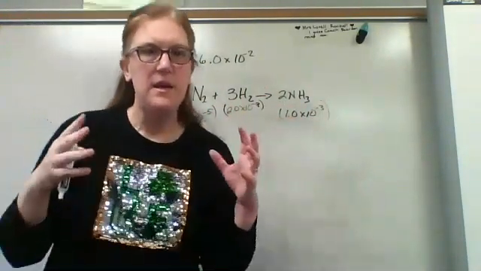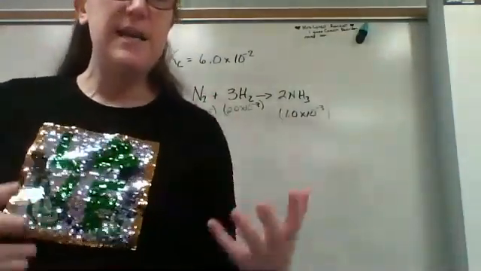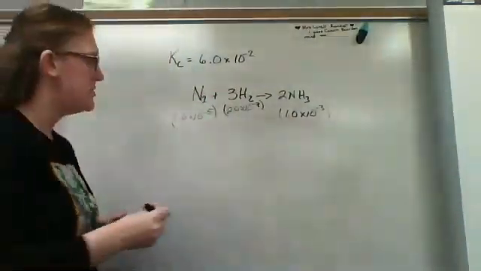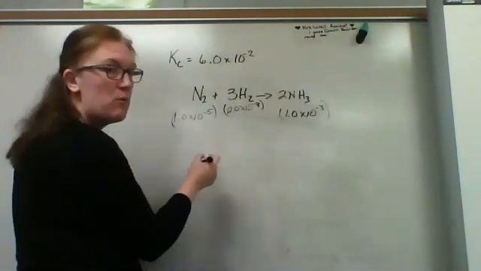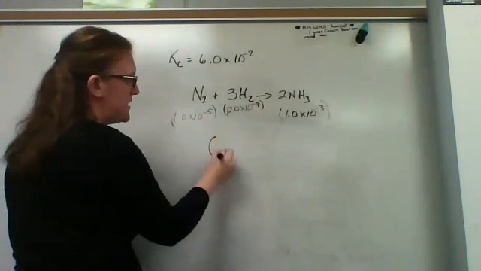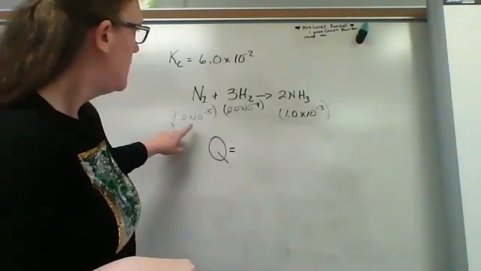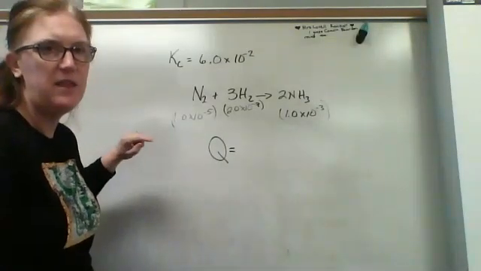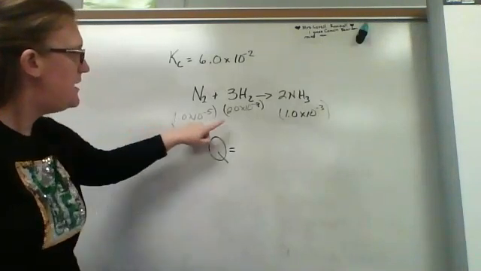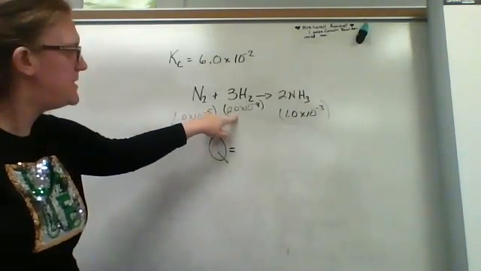You would set up a normal Kc expression, a normal equilibrium expression. But remember, we're trying to find Q, the reaction quotient, and you set it up the same way. The concentration of N2 is 1.0 times 10 to the negative fifth, and H2 is 2.0 times 10 to the negative third.